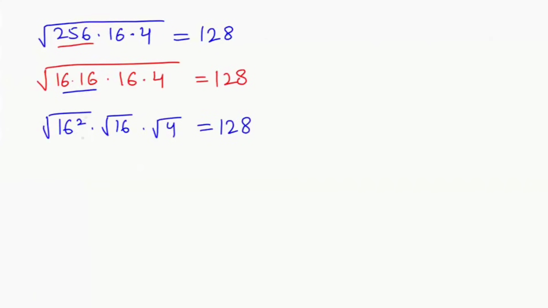And here this and this get cancelled. So here we get 16 times, and the root of 16 is 4 and the root of 4 is 2, is equal to 128. And here 128 is equal to 128. So the left hand side is equal to the right hand side. So the value of m, that is 256, we found is absolutely correct.